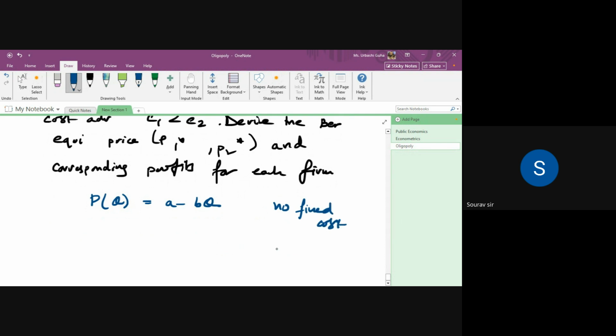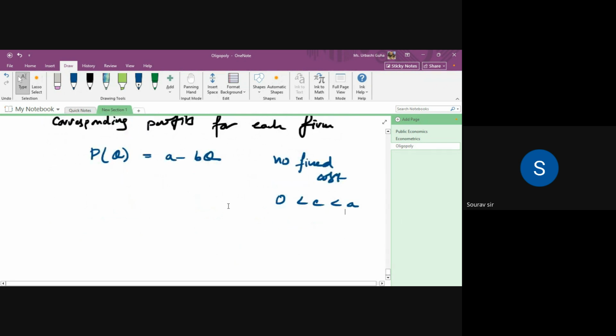So it's between 0, C and A. And simultaneous price choice is there. So the lower price captures the whole market, and then we split the demand equally. That is common. So the market demand at price P is what? Q of P is equal to (A minus P) by B.